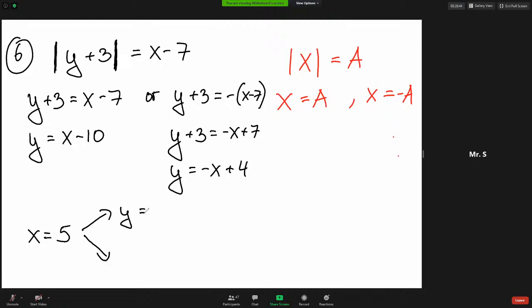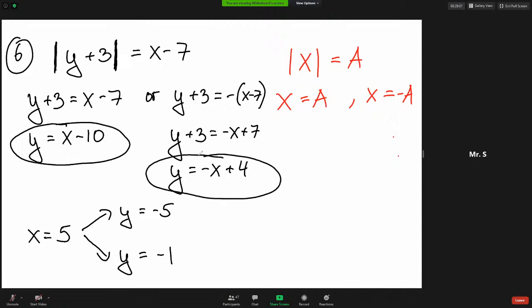So if I plug in 5, I'm getting x minus 10, so that's 5 minus 10 for the first value, and I'm getting y equals, so negative 5 plus 4, negative 1. So in this case, we can also show that if I solve for y, because I get two different equations, then basically for any x input, I'm getting two different y outputs, so this would not be a function.